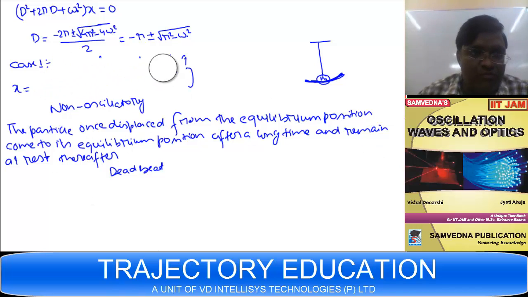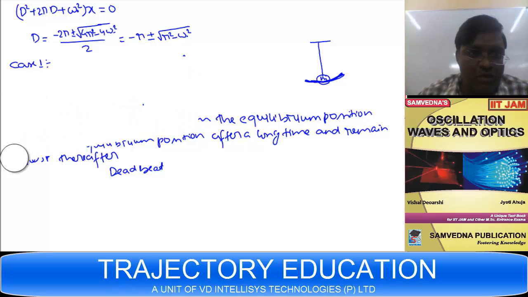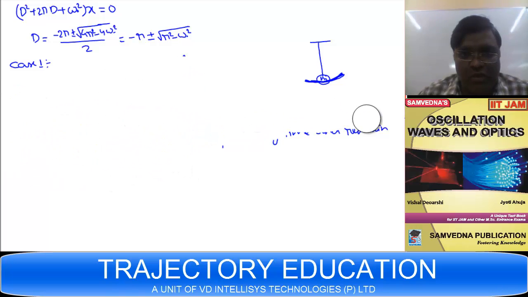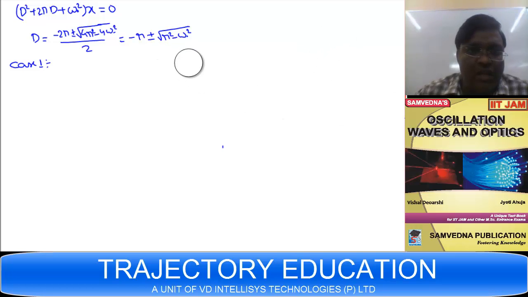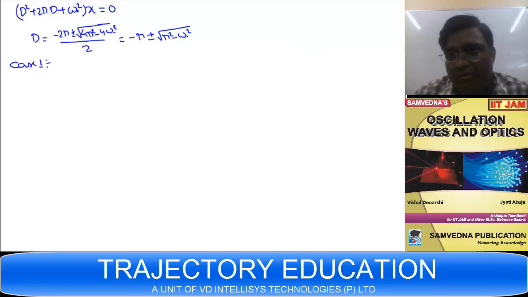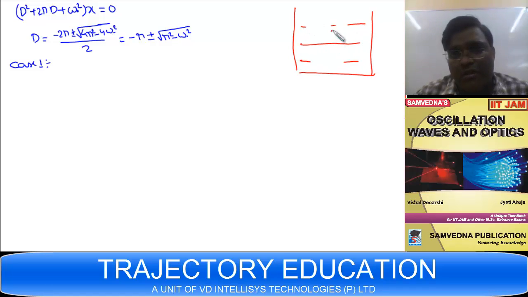Let's go for case 2. This is the case when you have heavy damping. Suppose you have a container filled with water, and inside you have a pendulum, and I bring it to one side and leave it. What do you expect?